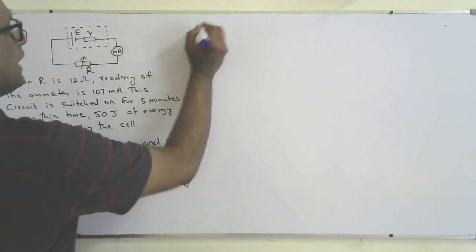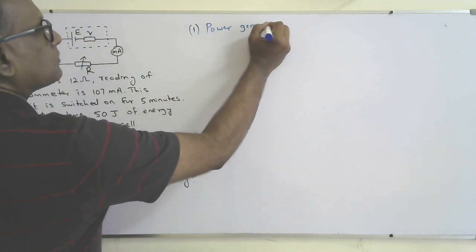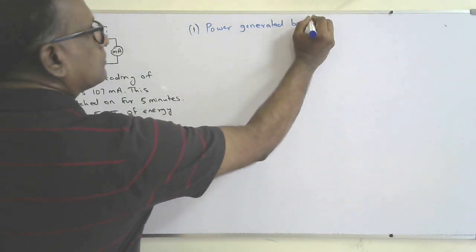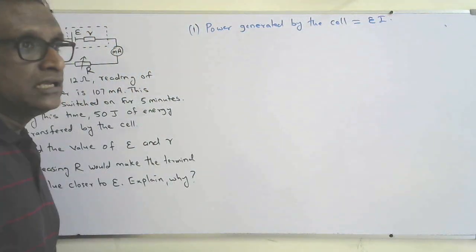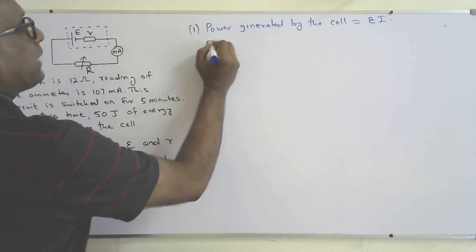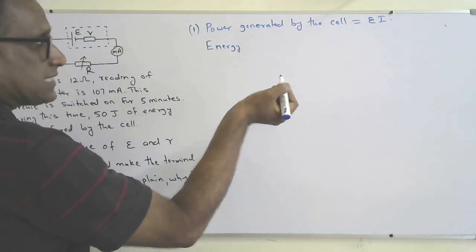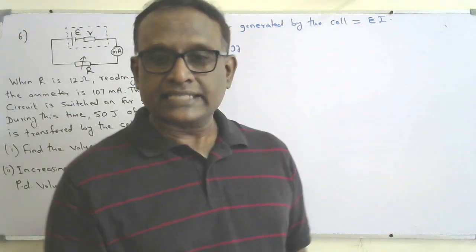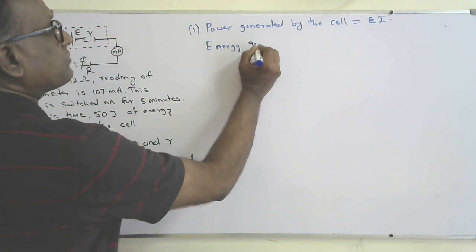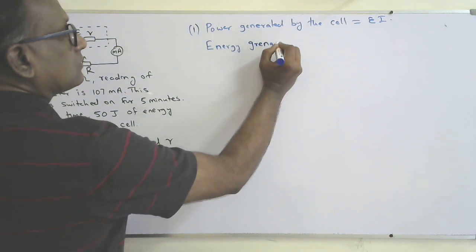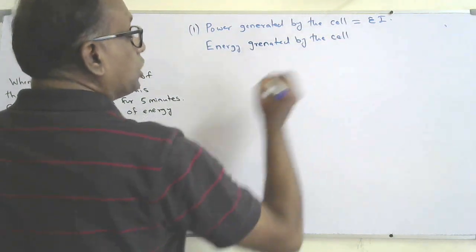So first part, I can say power generated by the cell equals EMF times I. So what is the energy transferred by the cell during time t?